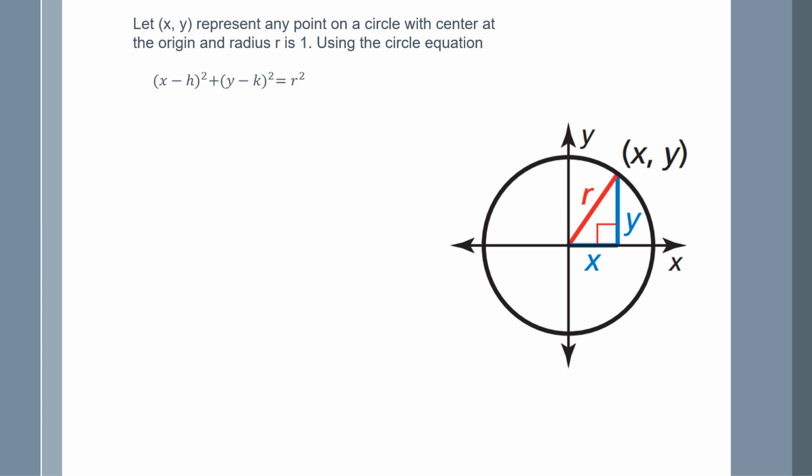That's what we're working with, and we are trying to show the Pythagorean theorem from the equation of a circle. So the center, which is the point H and K, is going to be at the origin. So H is 0, K is 0. And when you get that, you get x squared plus y squared equals 1 squared. Sounds like a squared plus b squared equals c squared to me.